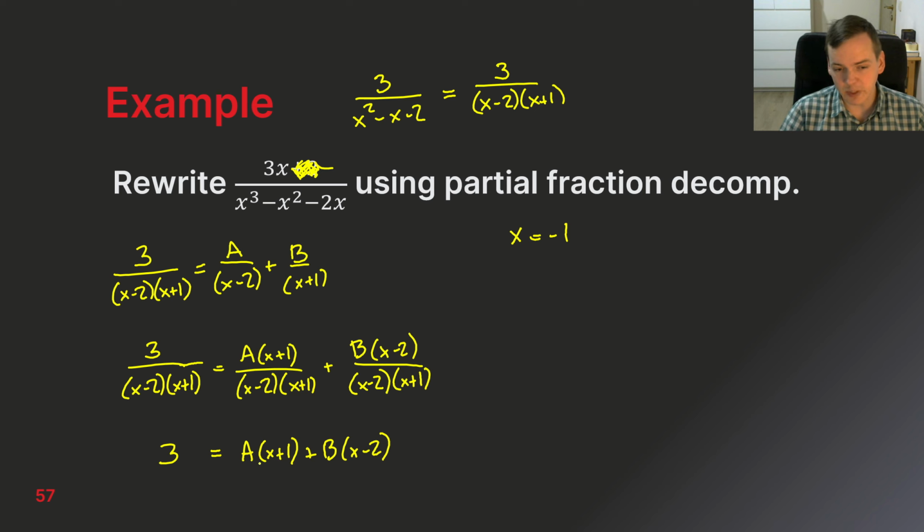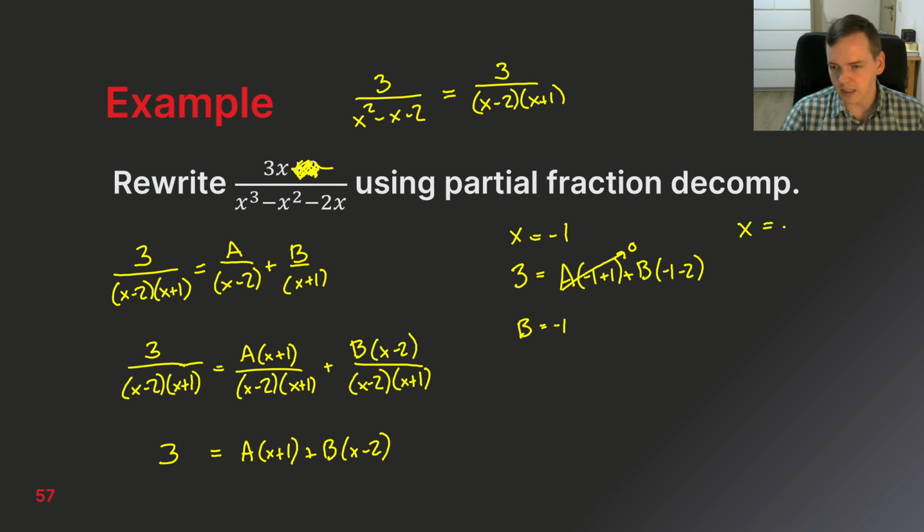Because I know it has to be true for x equals -1, because it has to be true for all x values. So if I plug that in, I get 3 is equal to a times -1 plus 1 plus b times -1 minus 2. If you'll notice, this ends up going to 0. So now I just have b, and it's easy to solve for b. I get b is equal to -1.